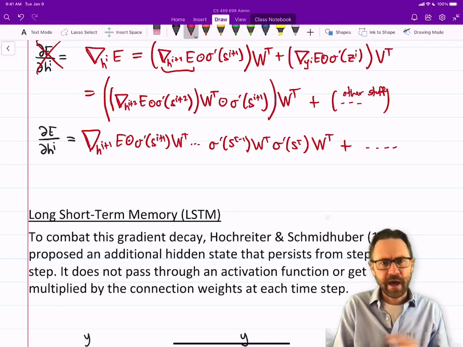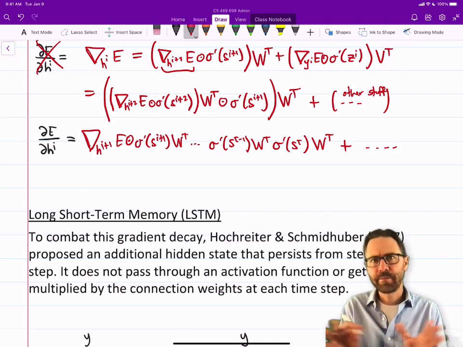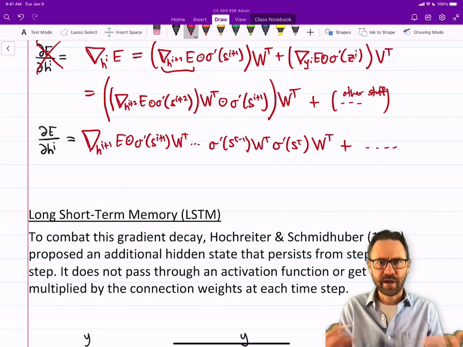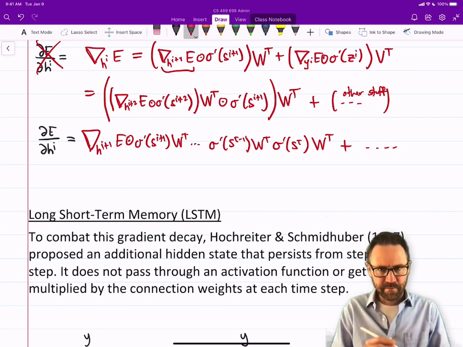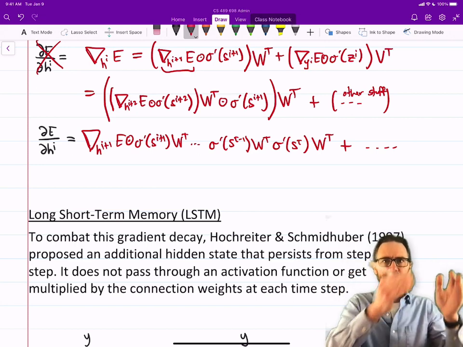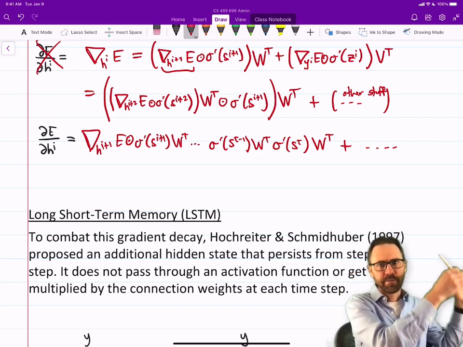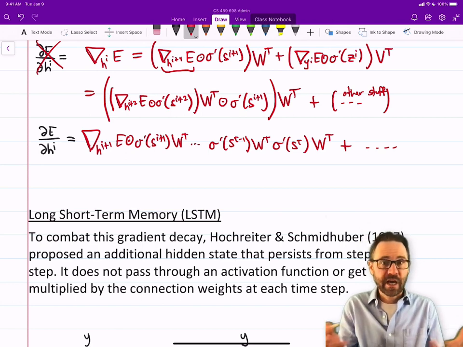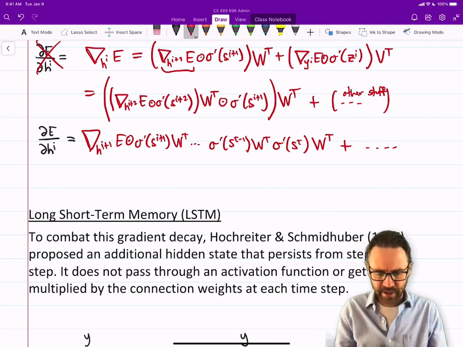Some of these are Hadamards and some of these are not Hadamards. I'm not going to dissect it to that level of minutiae. But you can see that it's a whole bunch of sigma primes times connection weight, sigma prime connection weight, sigma prime connection weight, just like we had before with the vanishing gradient. So it's this kind of product that contributes to the vanishing and exploding gradients.